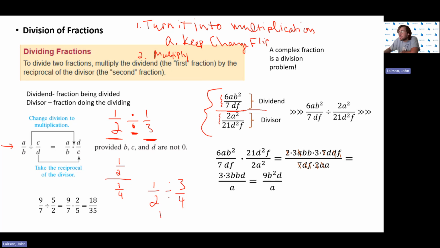Keep, change, flip, multiply. 4/6, which can be reduced again to 2/3. In all these problems, now that we have gone over reducing and simplifying, we should always make sure our answers are simplified.